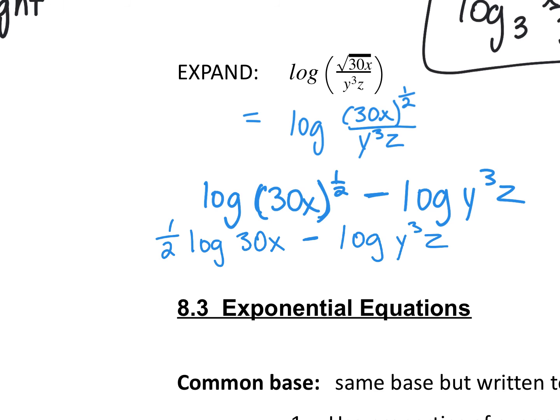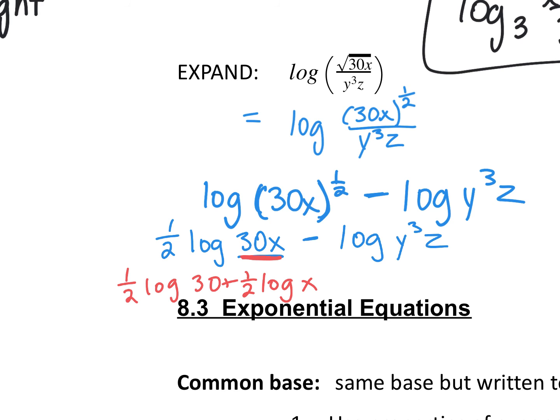Now, do we see how these two values are being multiplied? What can we break those apart by? Add, yep, so 1/2 log of 30 plus 1/2 log of x, right?